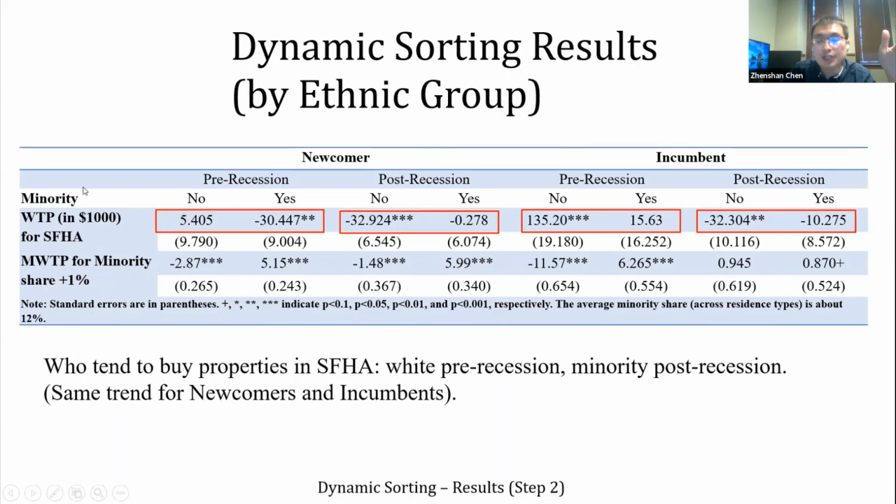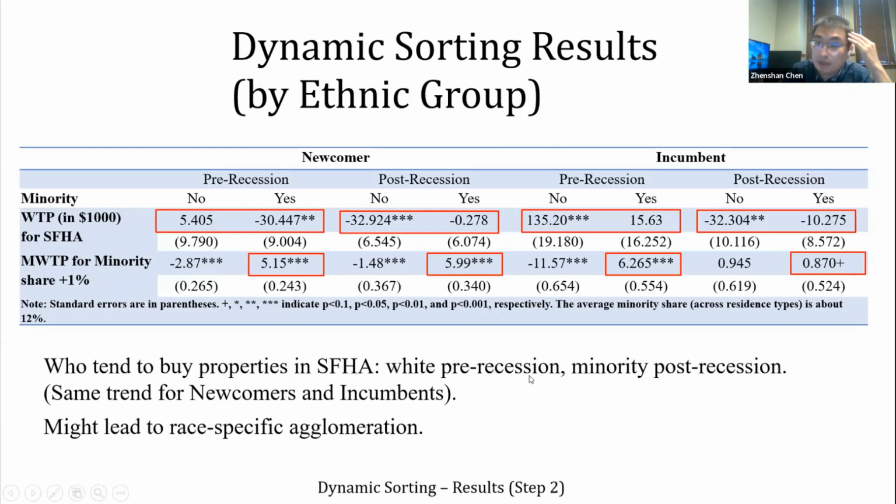So the general trend here is that non-minorities tend to buy flood zone houses in the pre-recession period, while after the recession, minorities tend to buy homes in flood zones. It's the same trend for newcomers and incumbents.